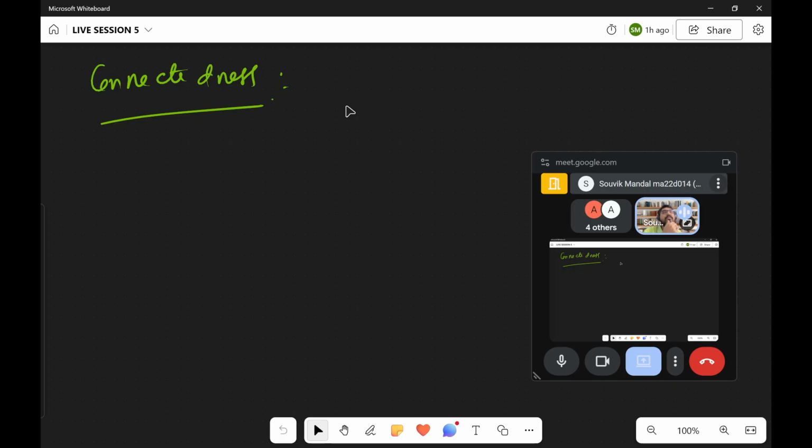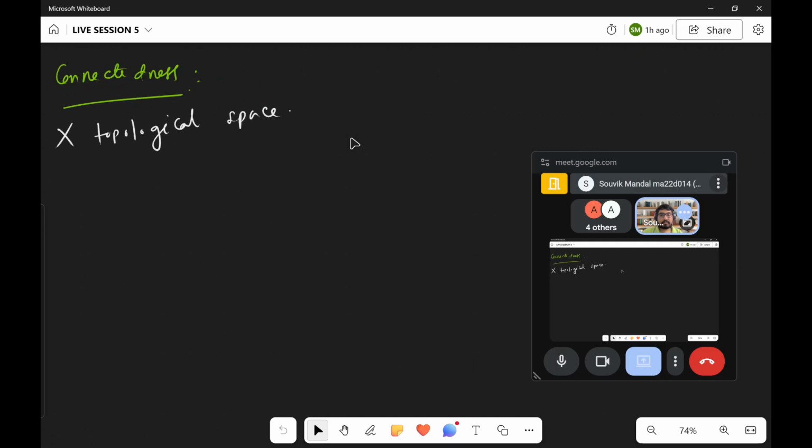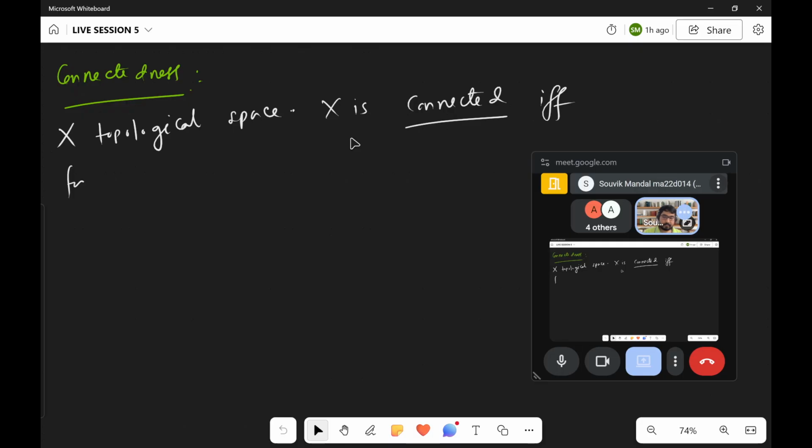There is one characterization of connectedness, namely: suppose X is a topological space. Then X is connected if and only if any function f from X to {plus minus 1} is constant.